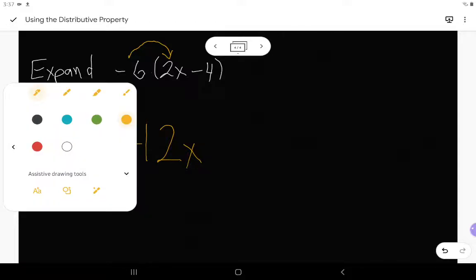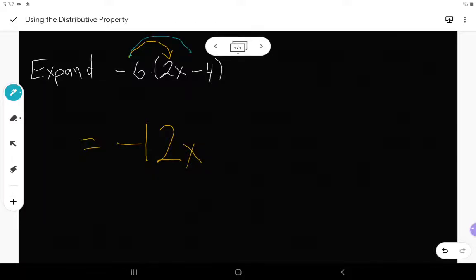That's not so bad. Okay. And then negative 6 times the other value inside. The other value inside is a negative 4, so it's negative 6 times negative 4. 2 negatives gives us a positive when we're multiplying, and 6 times 4 gives us 24. There you go. That's using the distributive property. Use those arrows, multiply everything inside the brackets by the number that is sitting outside in front of the brackets. Okay? And it's literally that simple.